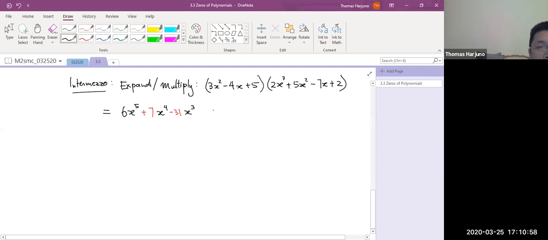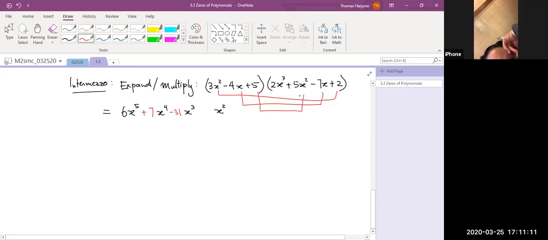The next one is x squared. What gives us x squared? This pair, this pair, this pair. Now, can you do that?